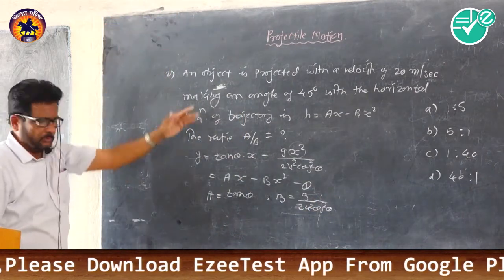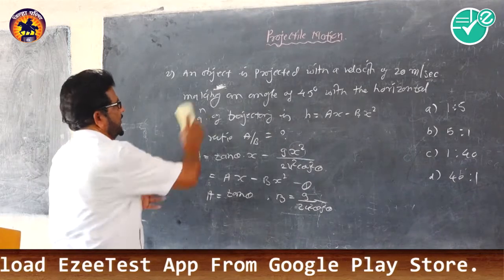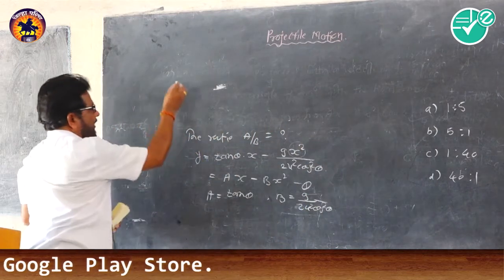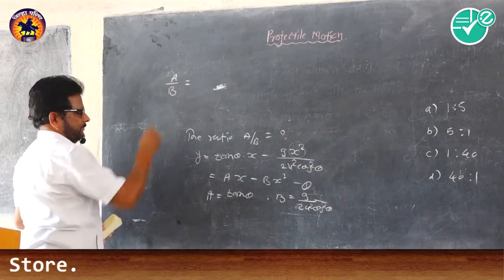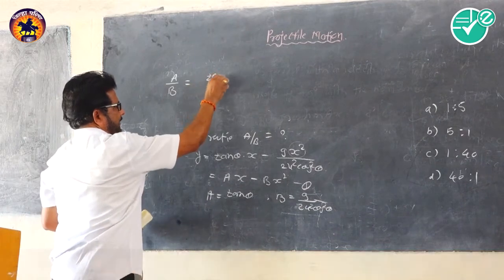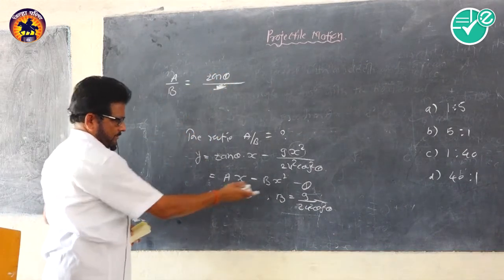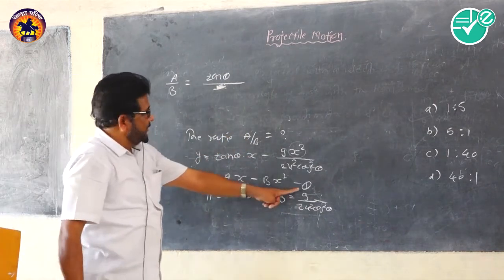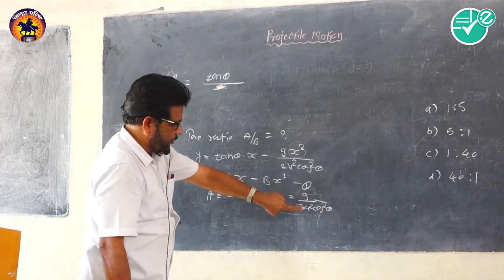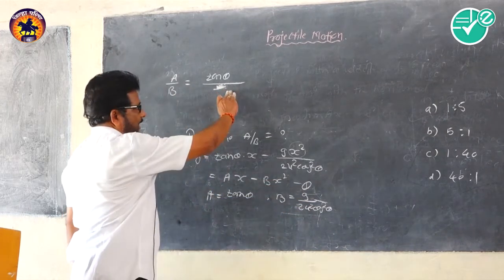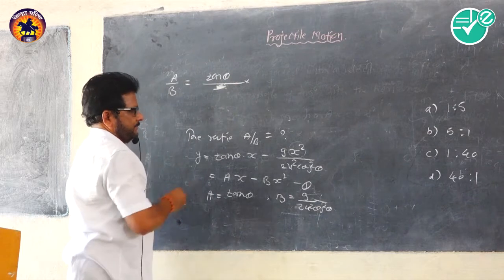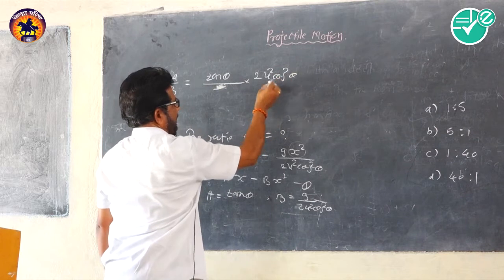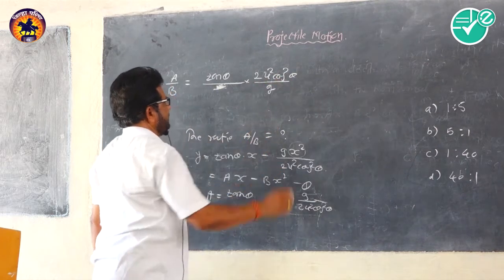Now we have to find the ratio A as to B. Therefore, A upon B is equal to tan theta divided by g upon 2 u square cos square theta, means multiplied by 2 u square cos square theta upon g.